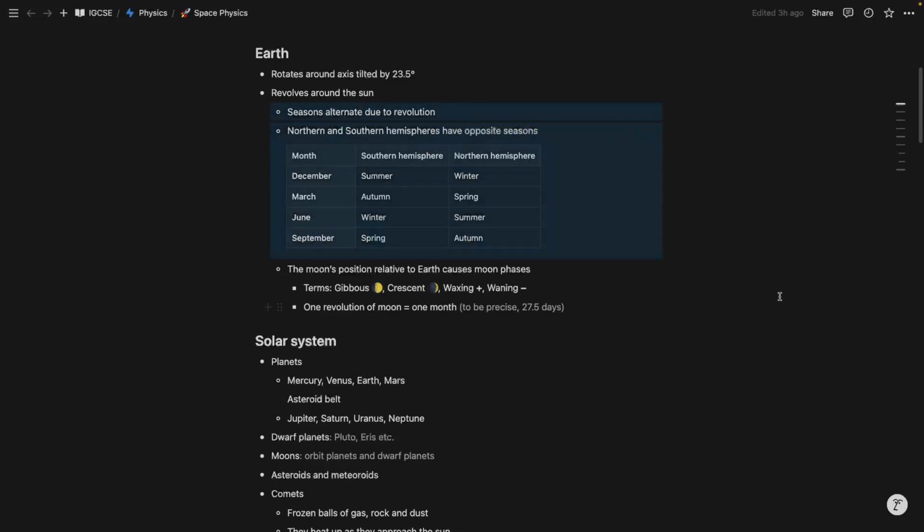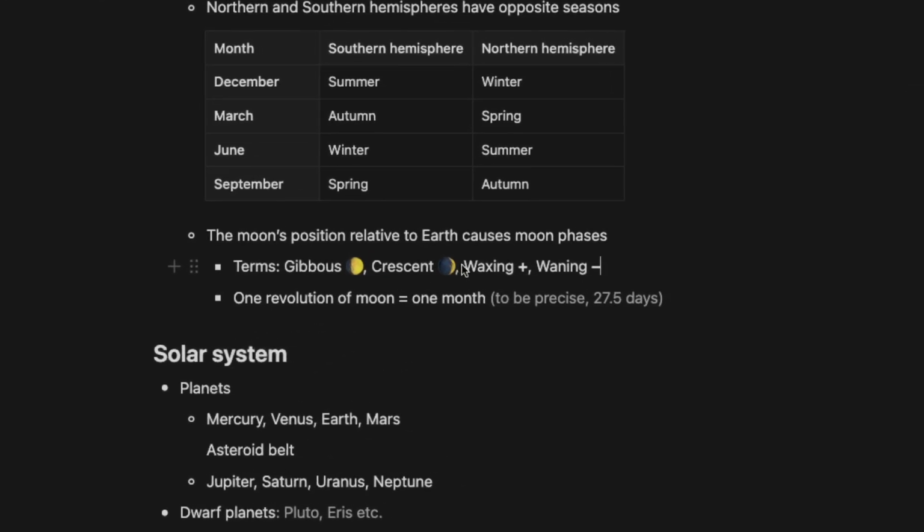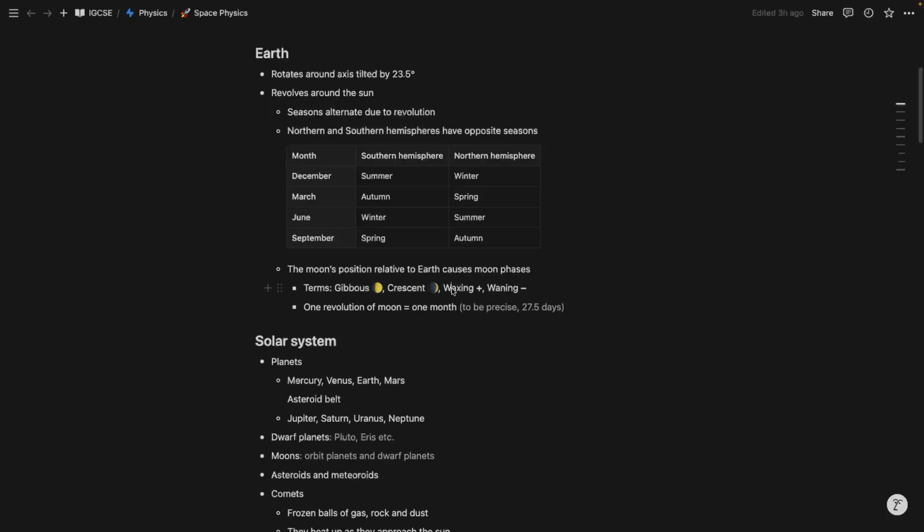The moon's position relative to the Earth causes the moon phases, and these phases are determined by these terms: gibbous, meaning most of the moon is illuminated; crescent, meaning a very small part of the moon is illuminated; waxing means across time the moon will brighten up, and waning means that it will darken down. So for example, waxing gibbous, waning crescent, these are the moon phases that you could generate.